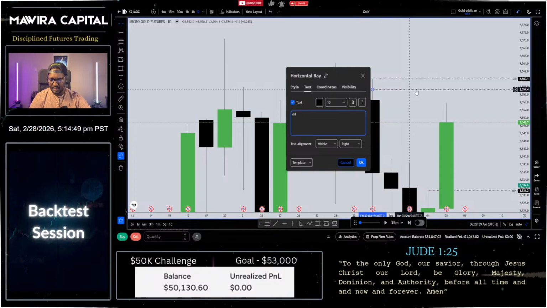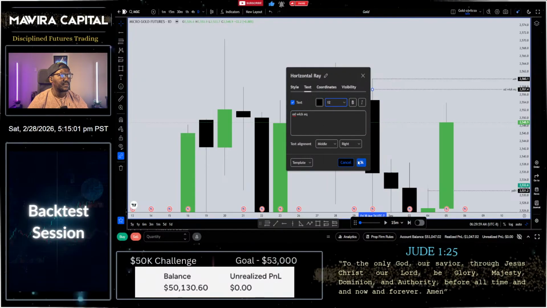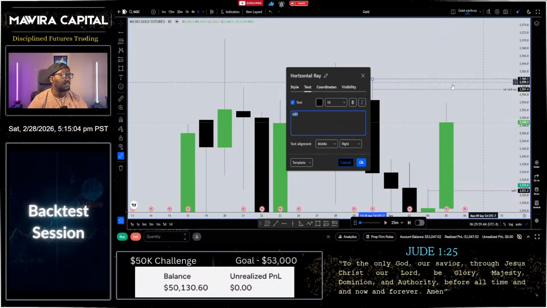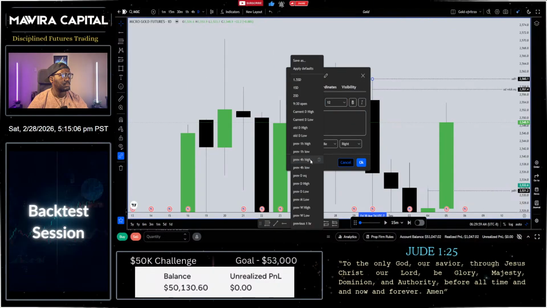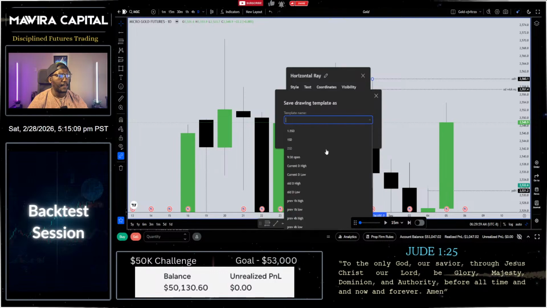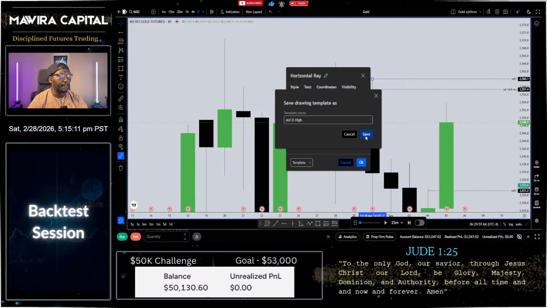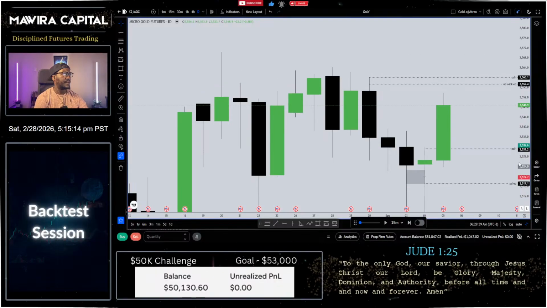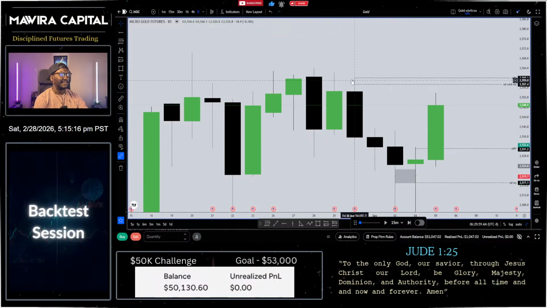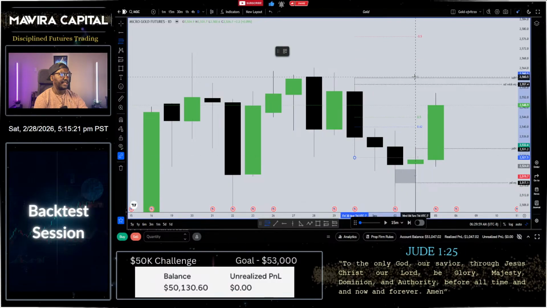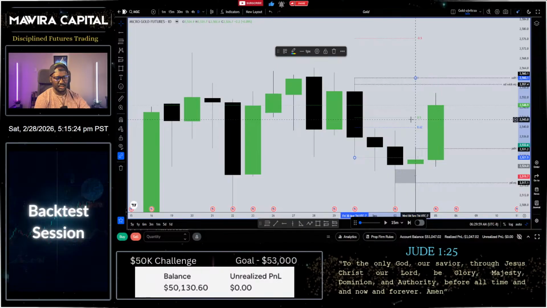So that's an old daily week EQ. Okay, I think we got the levels that we need. I could also show the half of this daily range, but I don't think we need that.